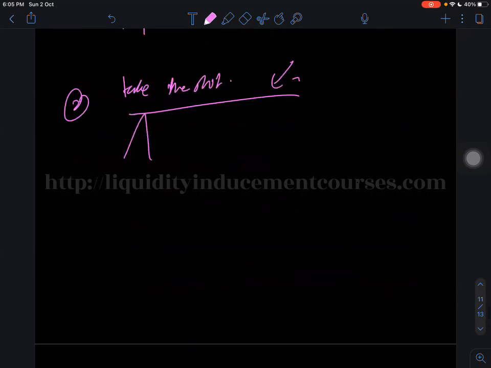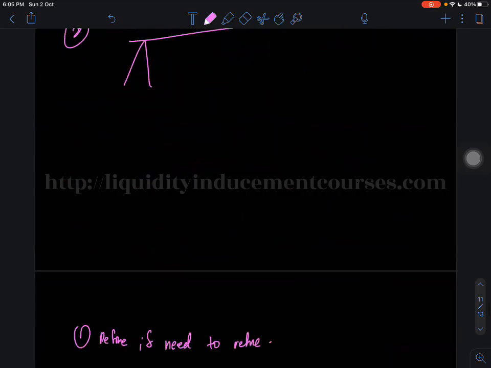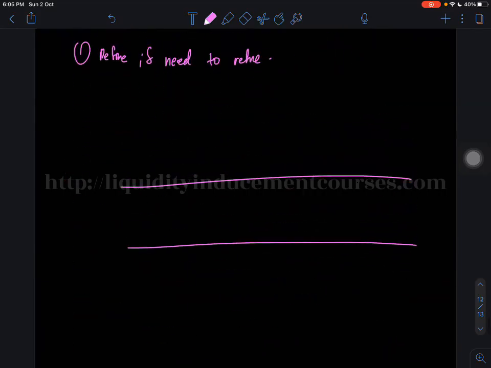Like I told you, refine if you need to refine. Next, your second line is just any SNR that is around 10 to 20 pips. Okay, so let me show you.